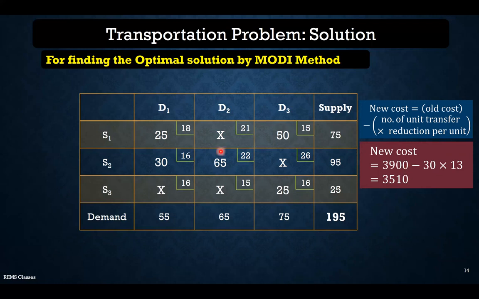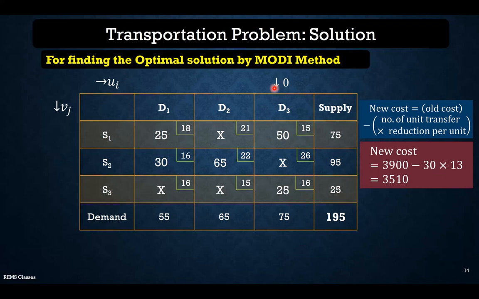For that, we will find the values of the dual variables or dual multipliers, that is Ui and Vj. We will find the value of Ui and Vj for each row and each column. So we are assigning an initial 0 for the same column which we assigned in the earlier slides.